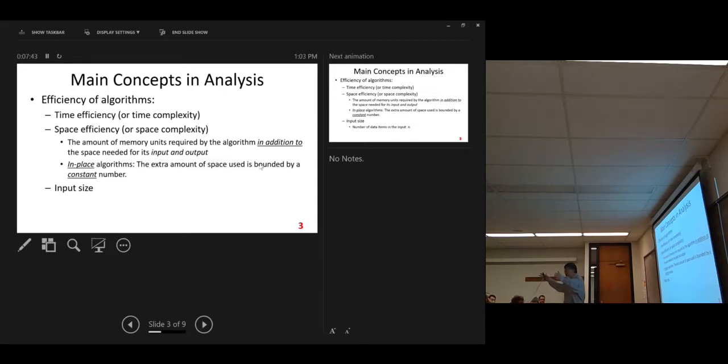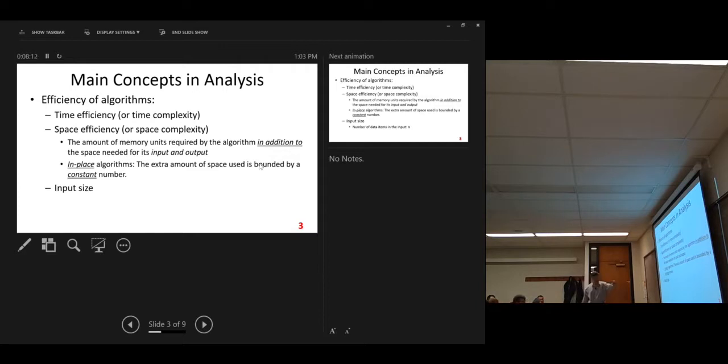Input and output, everyone needs that space. But sometimes your algorithm needs to consume a lot of extra space, so we look at the extra part. That's the space efficiency.